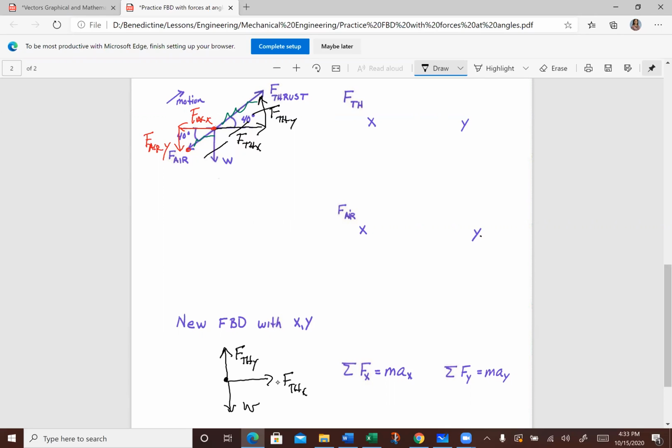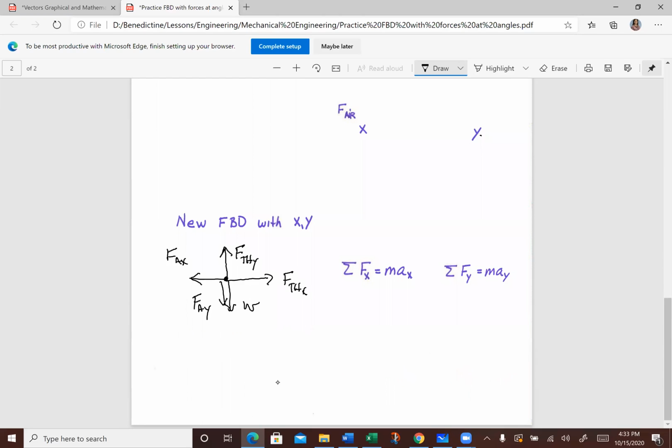W. Got that one. Force applied in the X, or force of the air in the X. Got that one. And then force of air in the Y, pushing down. Got that one. So now I have a new free body diagram in which I have included all of these forces.